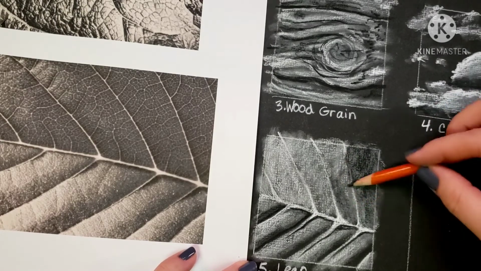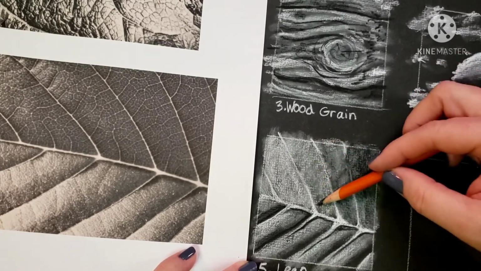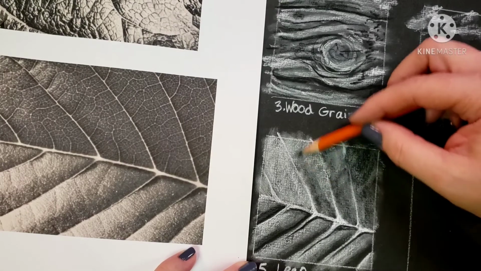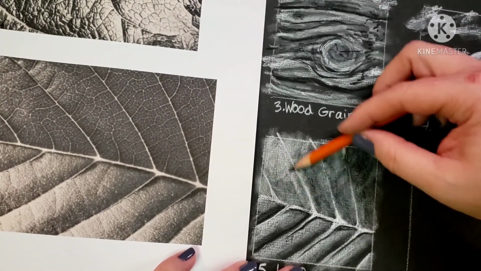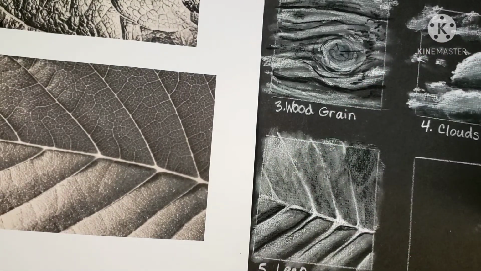We'll see what happens when I blend it. Just a little, maybe less as I work towards the left. There seems to be a light source coming from the left a little bit. So let me do a little blending here.